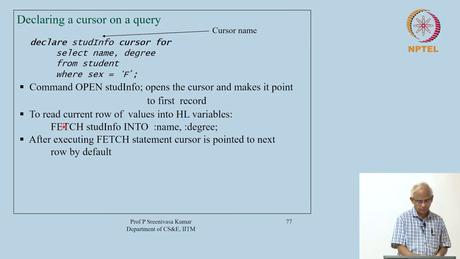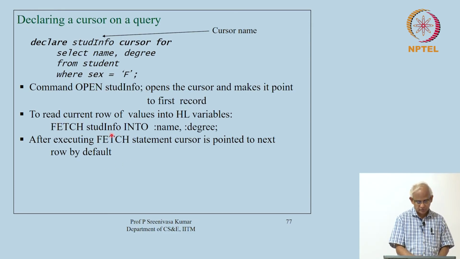Okay. Now, to read the current row of values into the host language variables, you use the command fetch, then give the cursor name, into, and then a sequence of variable names, as many as there are columns in that particular thing.